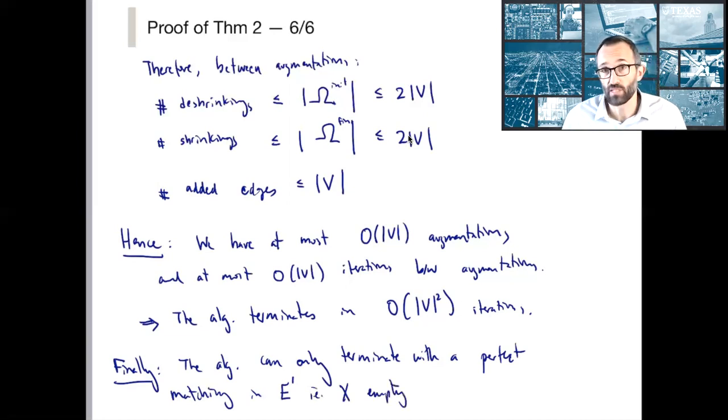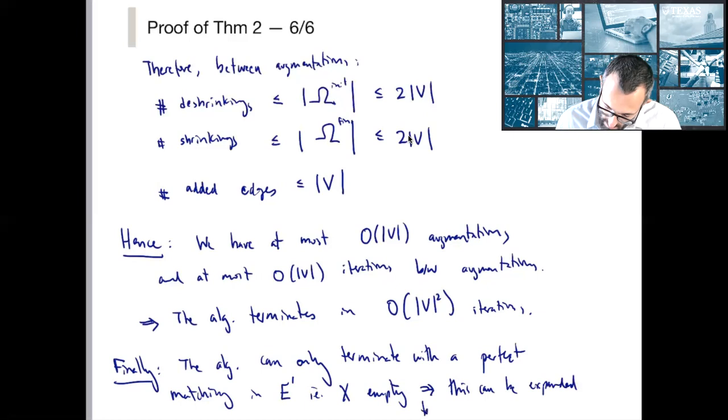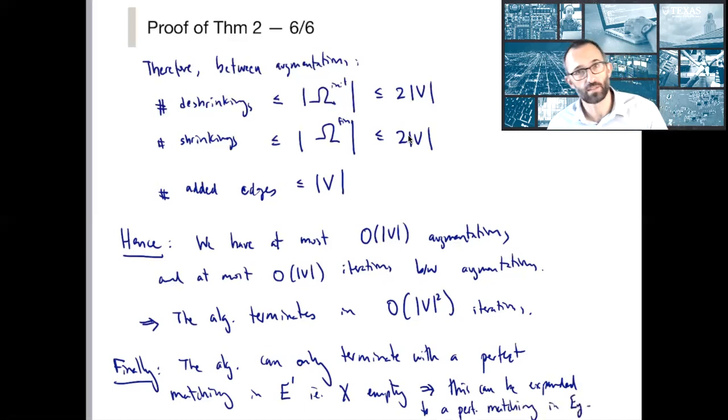And then, as we explained in the previous lecture, this means that this can be expanded to be a perfect matching in E_Y. And as we've now talked about many times, any perfect matching in E_Y satisfies complementary slackness, and therefore it is a minimal weight matching.